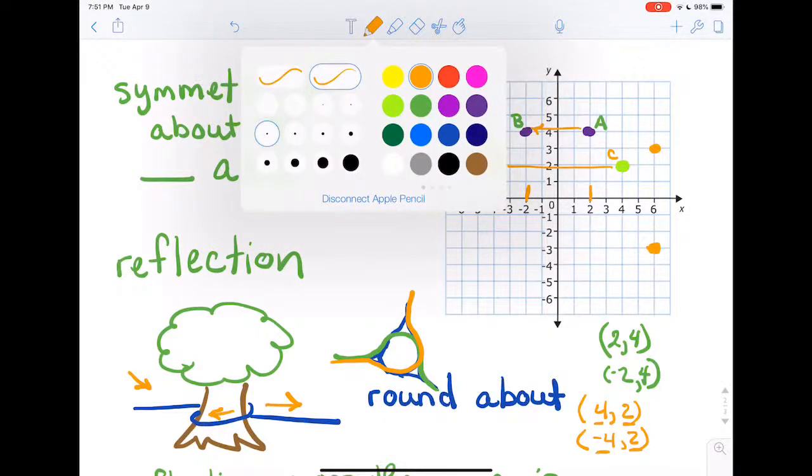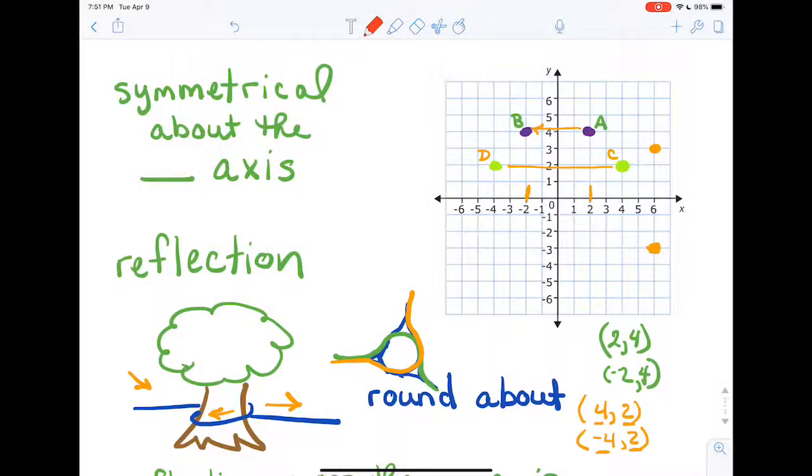Let's take a look at our 2 other points right here. We have point E, which is our little orange dot, and point F, which is our other orange dot. And point E, you have to go on the x-axis first all the way over to the 6, and then E goes up on the y-axis to 3. So 6, 3, and F, you go all the way over to the 6, and then you go down to the -3.